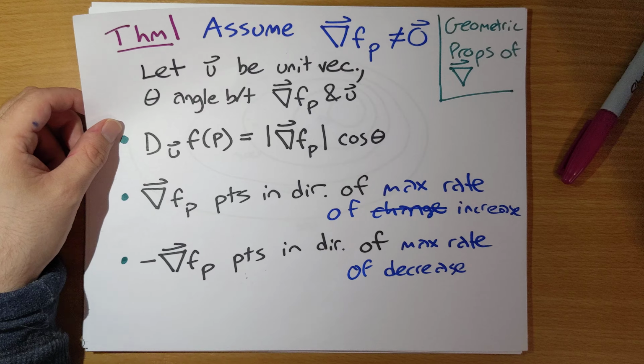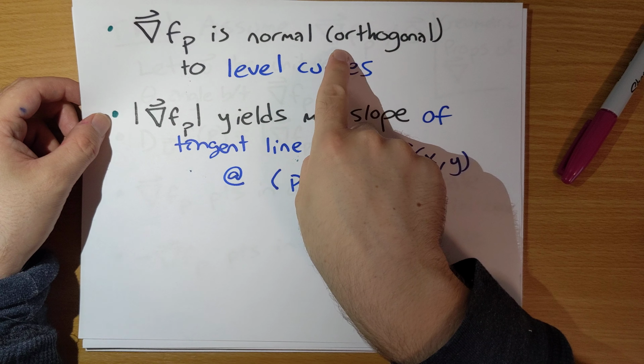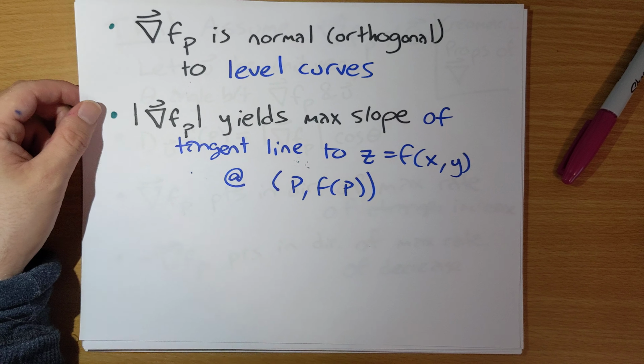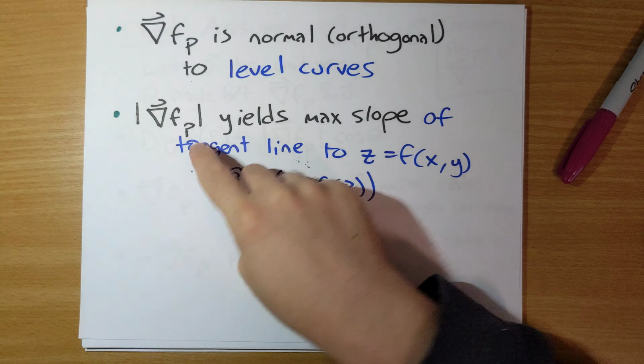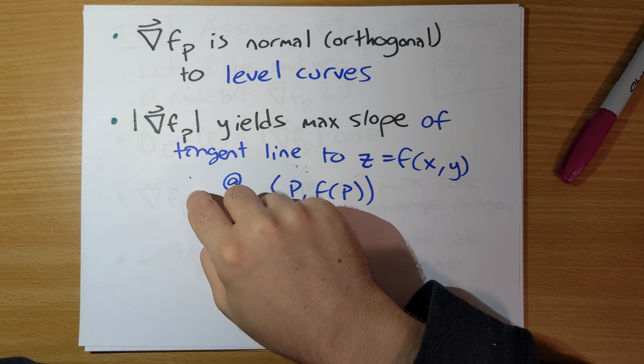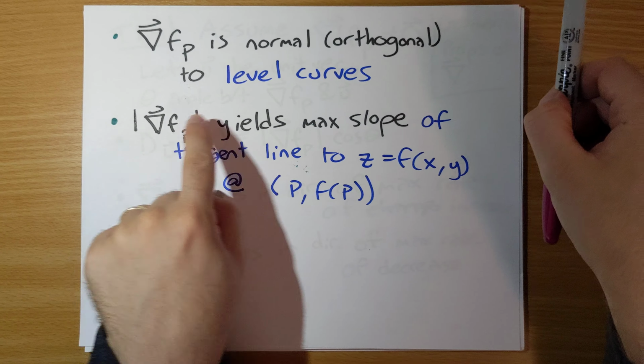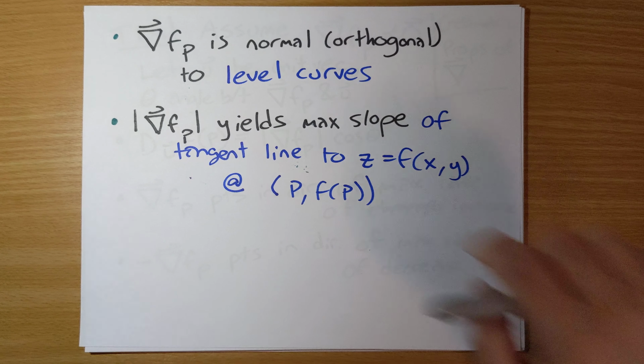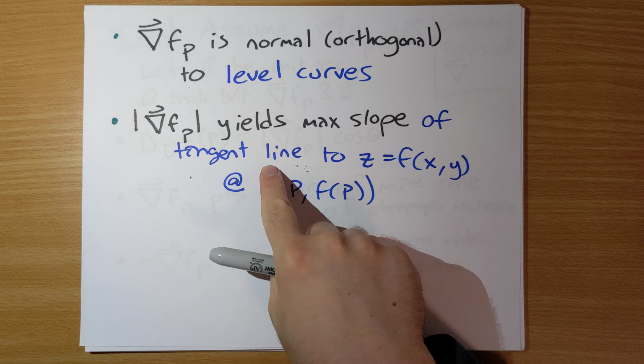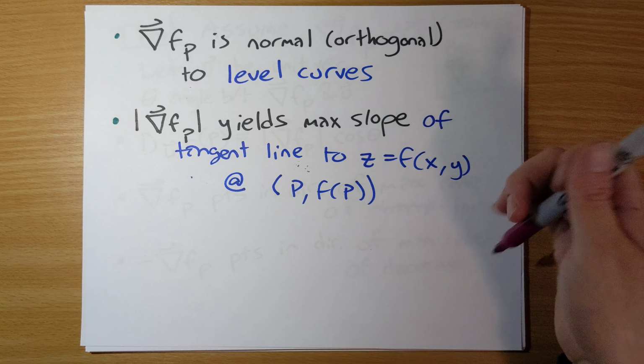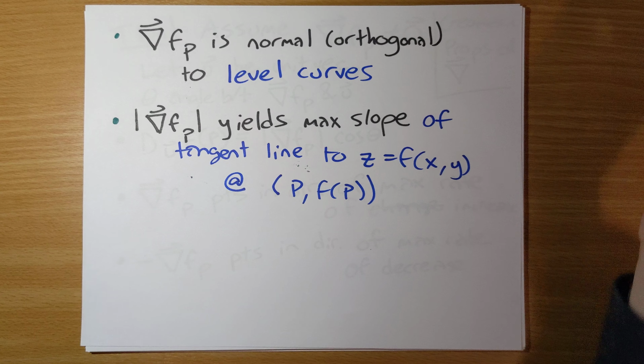And we'll again use that the gradient is orthogonal to the contours. But now I want to use this fact a little bit more. The magnitude of the gradient yields the maximum slope of the tangent line to z. The maximum slope is the maximum rate of increase.